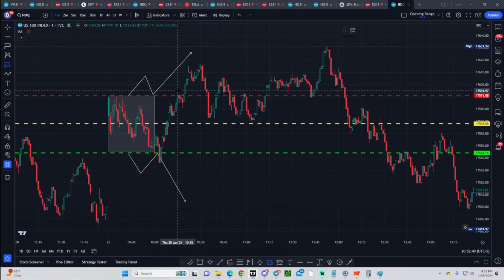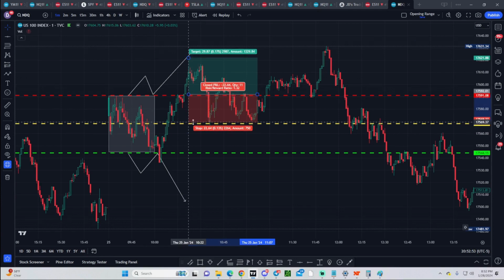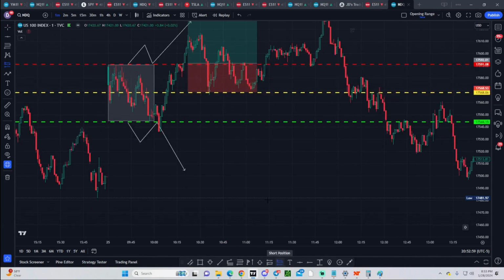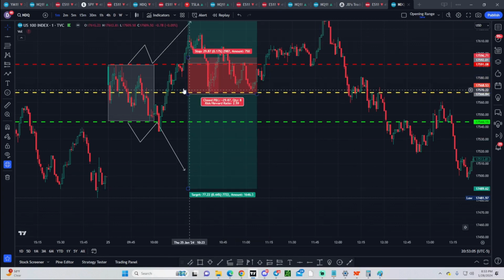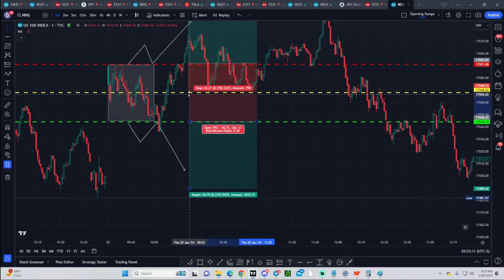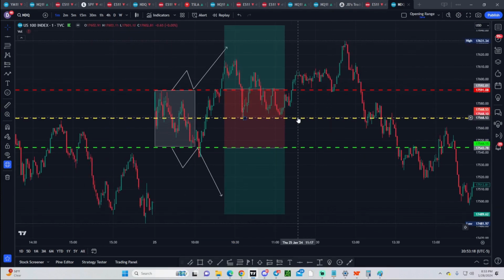Long positions will look like this, using the midpoint as a stop, and here a short position. We're looking for short positions to develop to the downside, and you're still using the same midpoint for a stop. So two different trades and the same concept. So we're using the midpoint here.